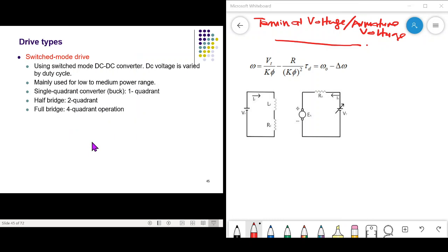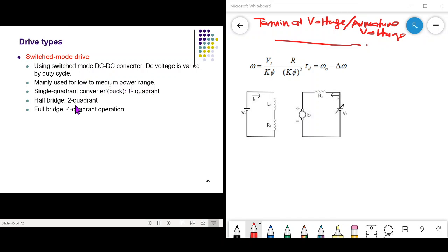Or we can use a switch mode drive, which means that we use a switch mode DC-DC converter. The DC voltage is varied by the duty cycle. The switch mode drive is mainly used for low to medium power range.